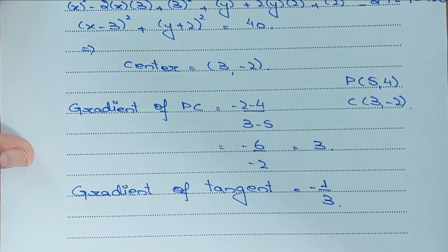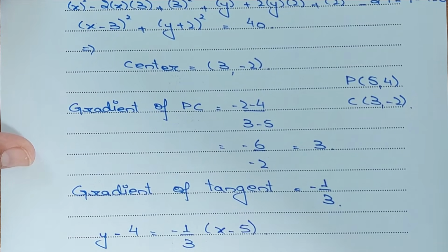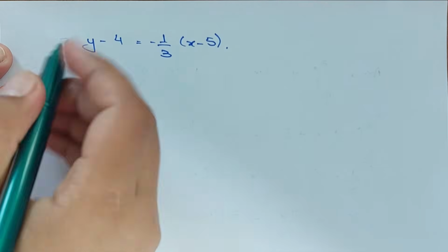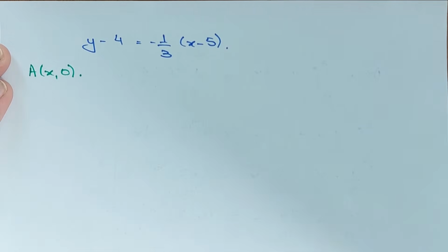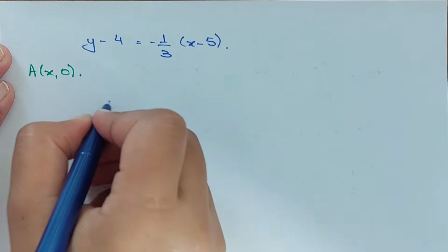Right, now let me find the equation of the tangent, which is y minus y naught, which is 4, equals minus 1 over 3 into x minus x naught, which is 5. Now let me find the coordinates for points A and B. The coordinates of A are (x, 0). We need to solve for x when y equals 0.